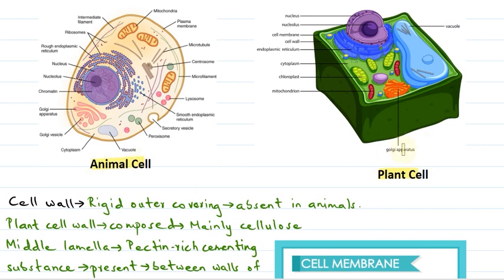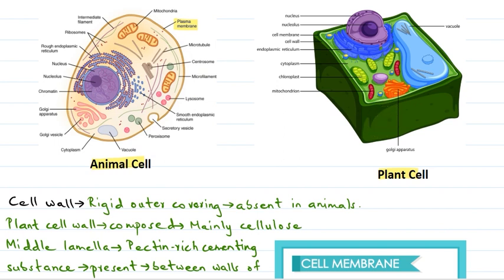In plant cell there is a cell wall, whereas animal cells have only plasma membrane and do not have the outermost covering, that is the cell wall.